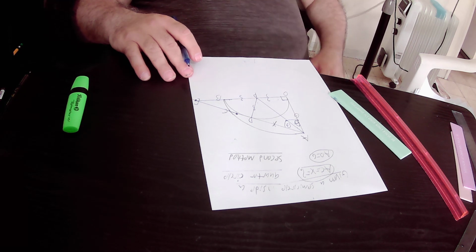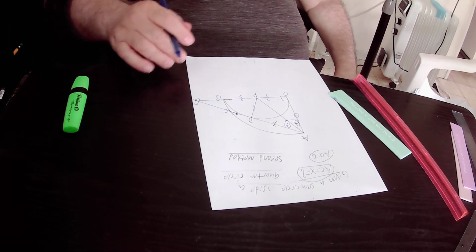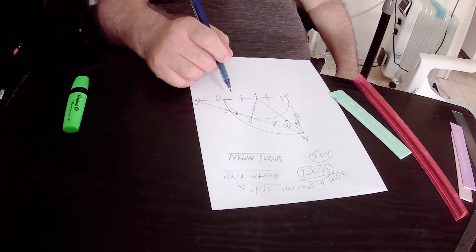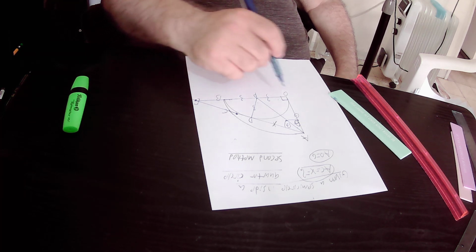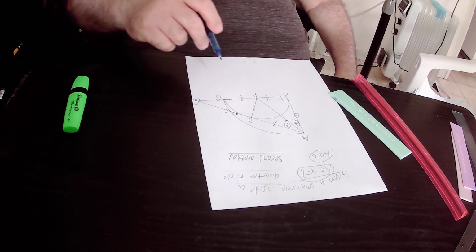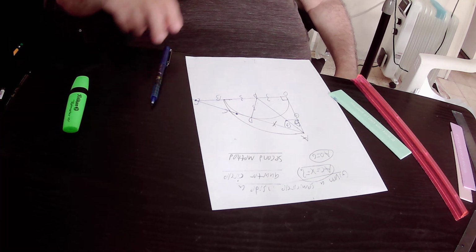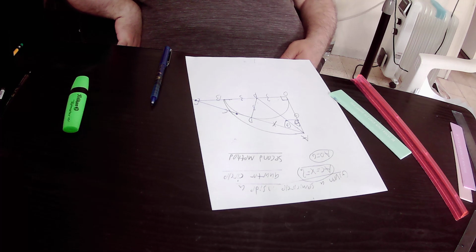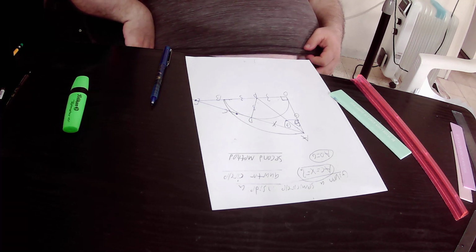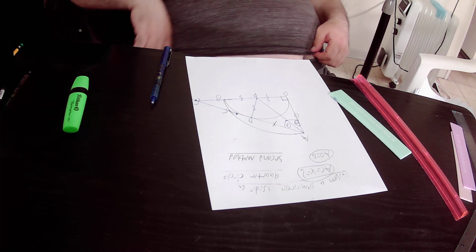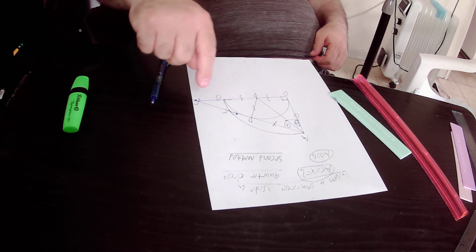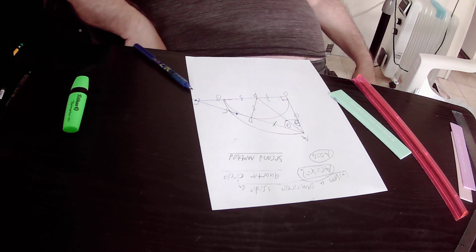In this right triangle AOE, we know that line segment AP divides angle OAE into two equal parts. That is to say, line segment AP divides angle OAE into two halves.